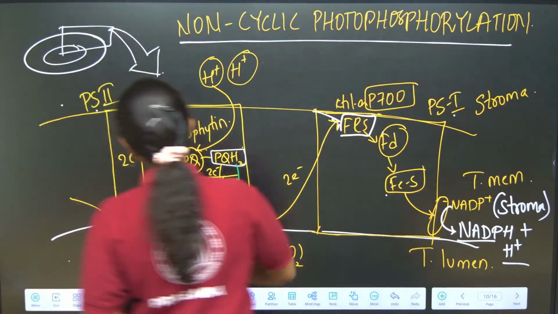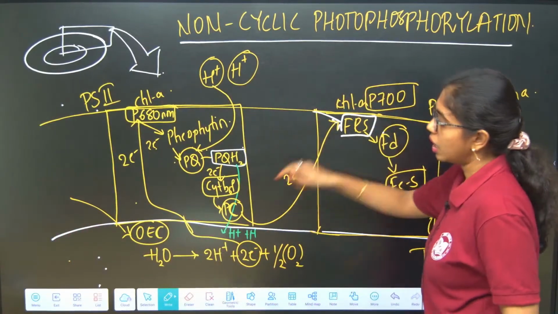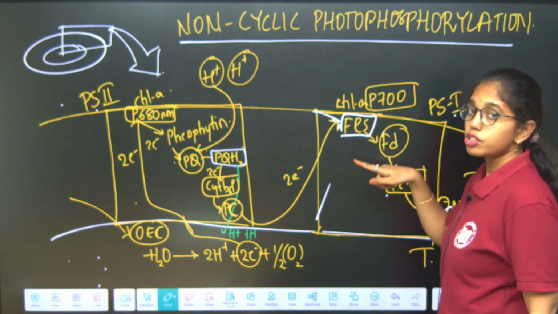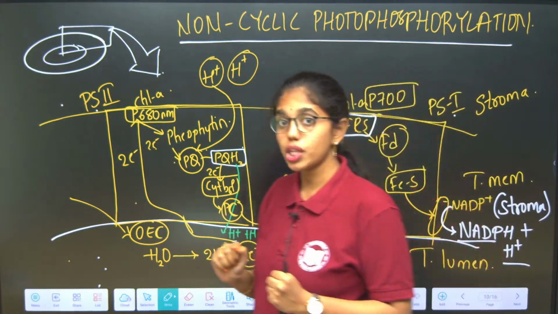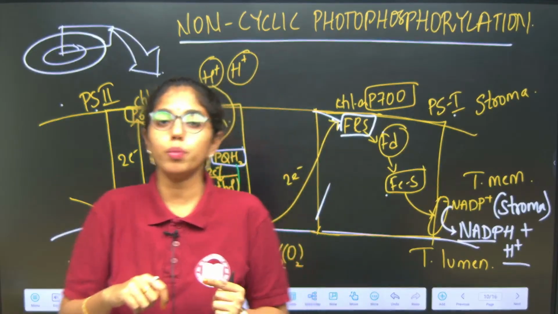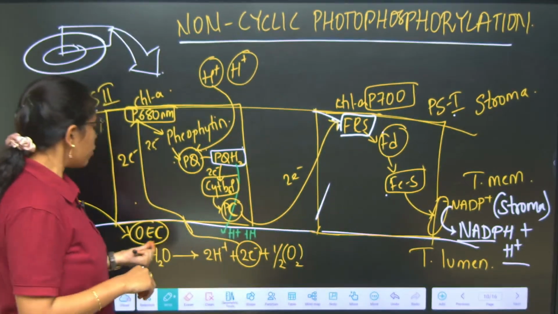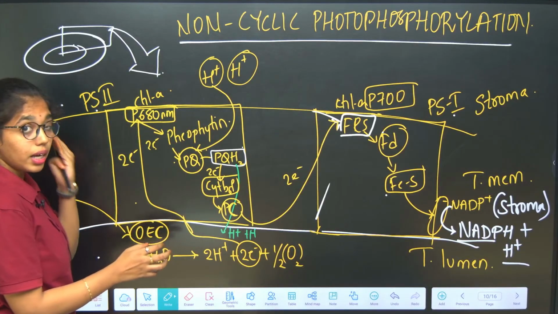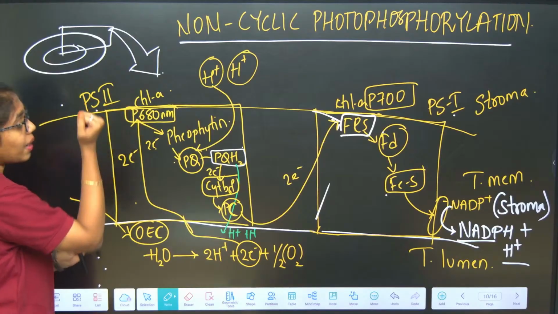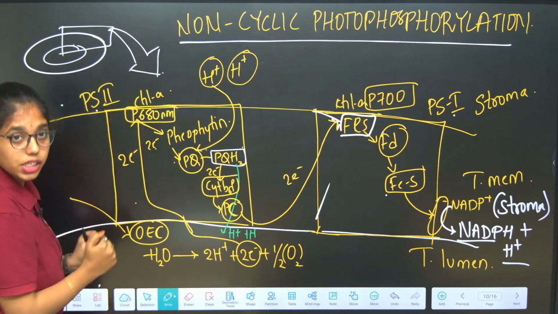If you see the flow of electrons, it looks like a Z, so it is called the Z scheme, and here we can expect questions based on the uphill and downhill movement of electrons. First, uphill movement: from the oxygen evolving complex or the accessory pigments, the electrons are given to what? Chlorophyll a, that is the reaction center.